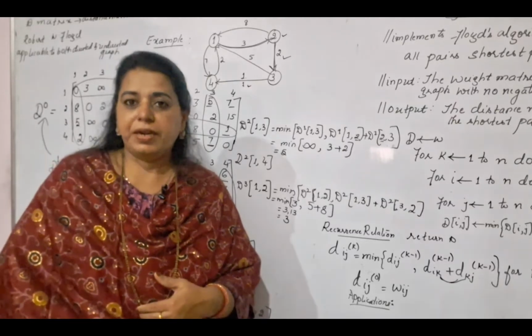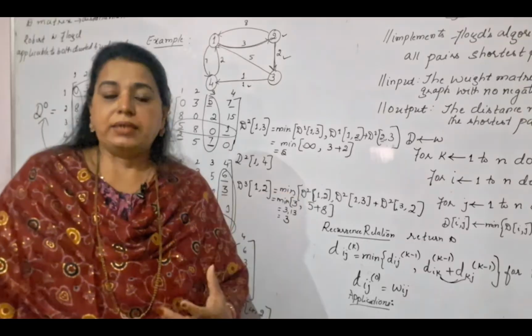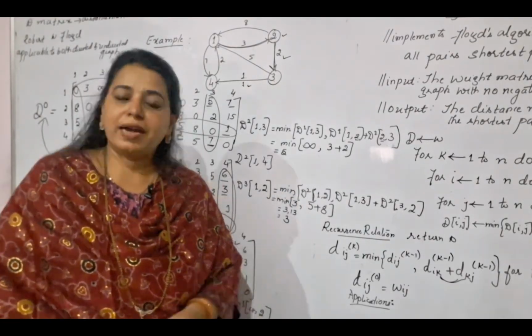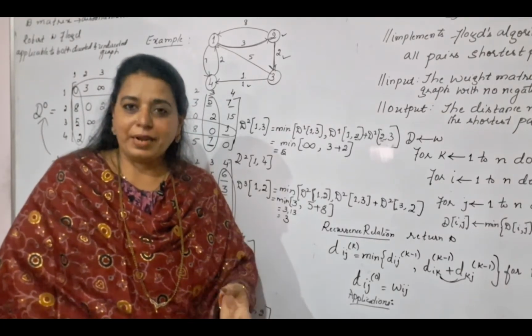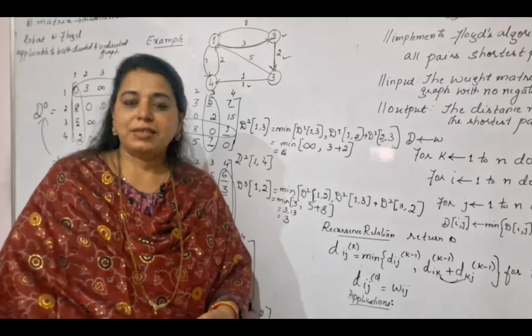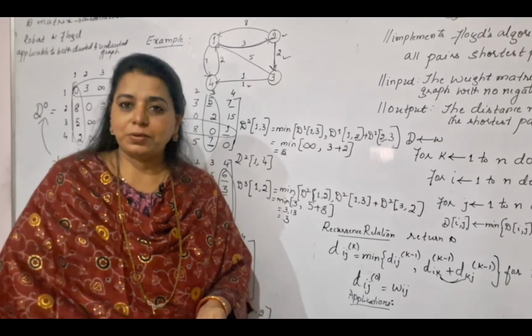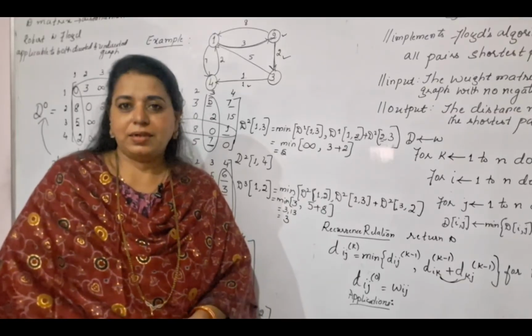We refer to the previous distance matrix, extracting the values from the previous distance matrices, and we construct the current distance matrix. So this is the concept behind dynamic programming. Dynamic programming says that you solve a subproblem, store it in a table, and extract those values from the table to arrive at the solution for your current stage.